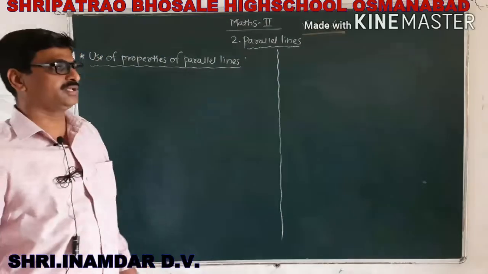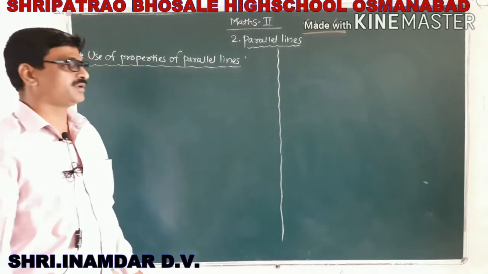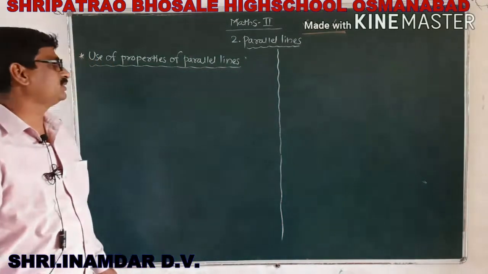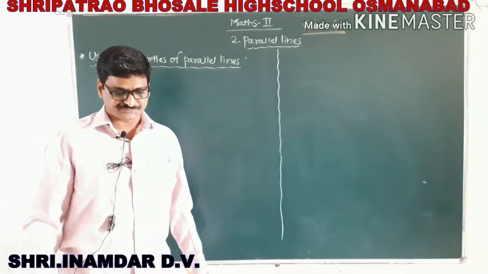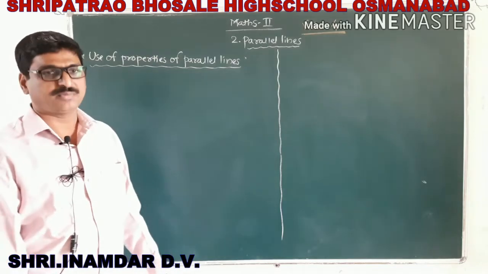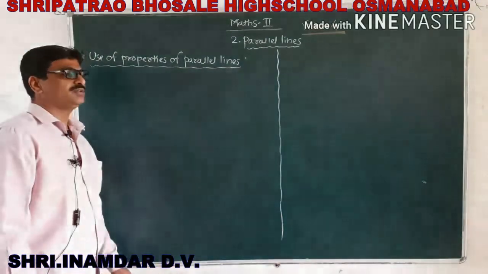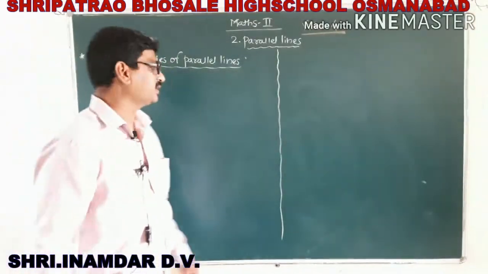In this we will see the property of triangle. When we see the property of triangle, we use the earlier part, that is, the properties of angles formed by the transversal. By using that, we will see the first property as a theorem here.